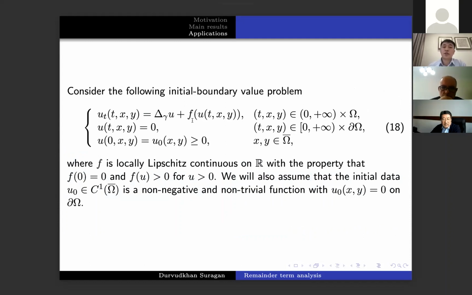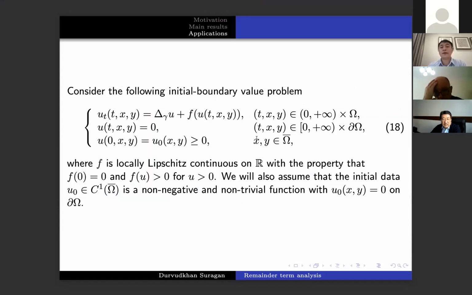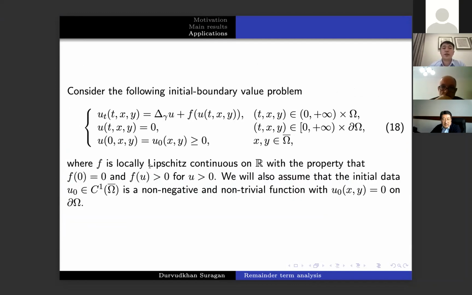Let's consider the more general case. Here the attempt is just to extend the nonlinearity on the right hand side. We need a Lipschitz condition for F with some additional properties.